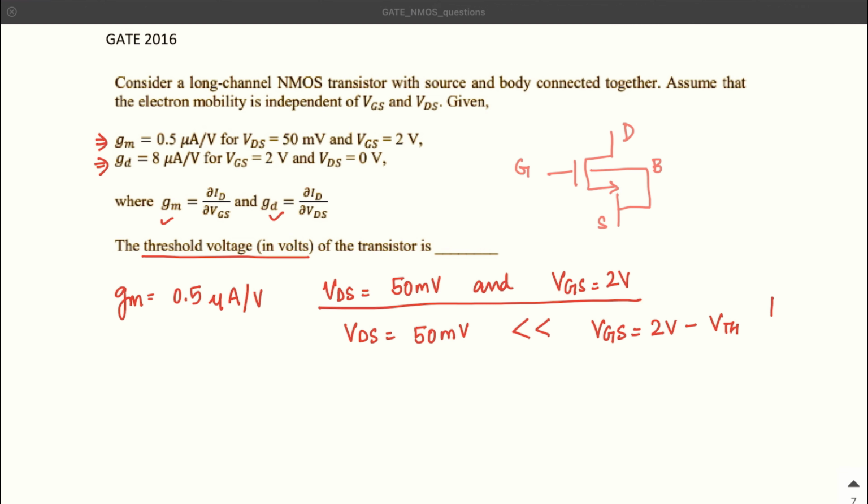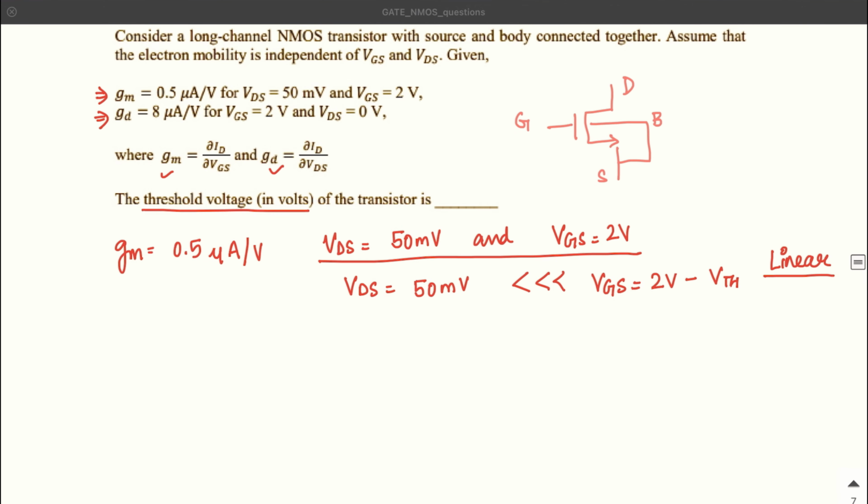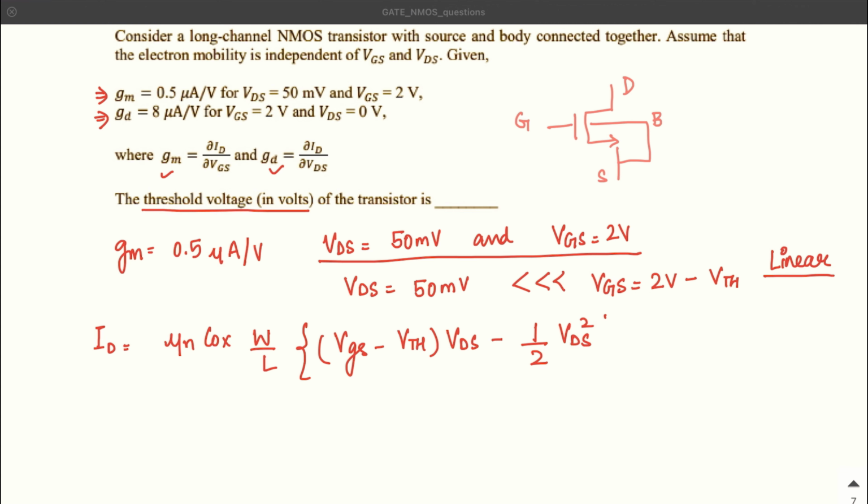So you know that the transistor is definitely in the linear mode. Considering linear mode, ID is mu n Cox W by L, VGS minus VTH, and you have VDS minus half VDS whole square.